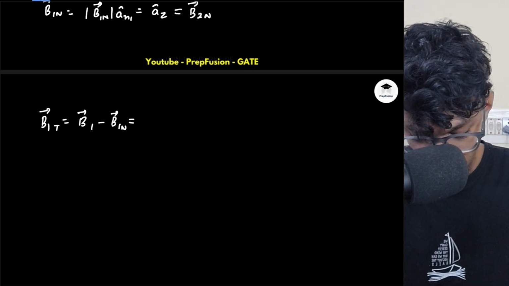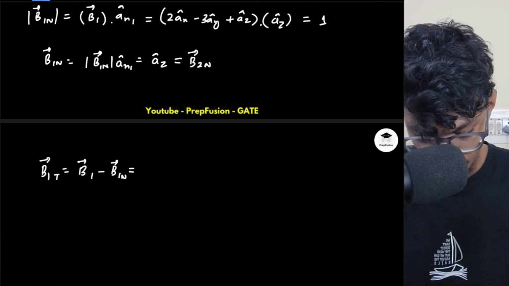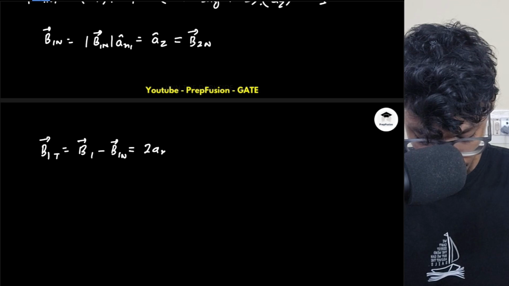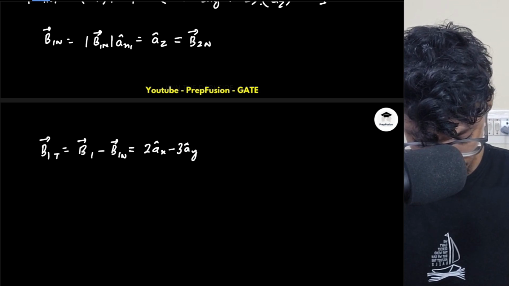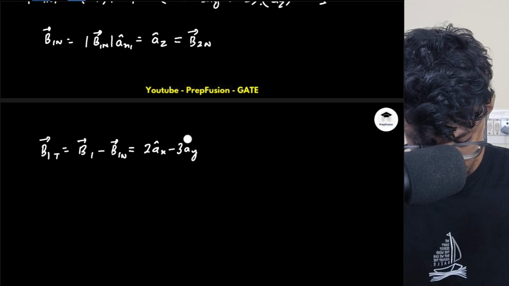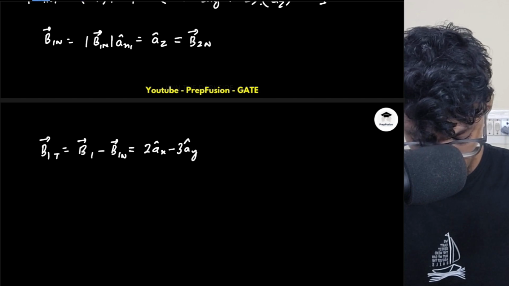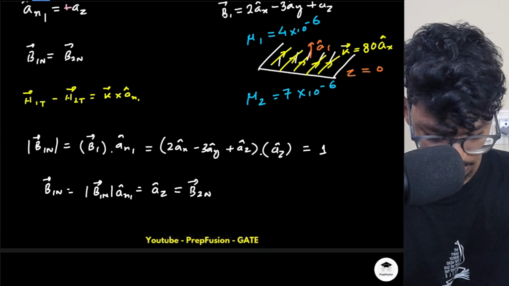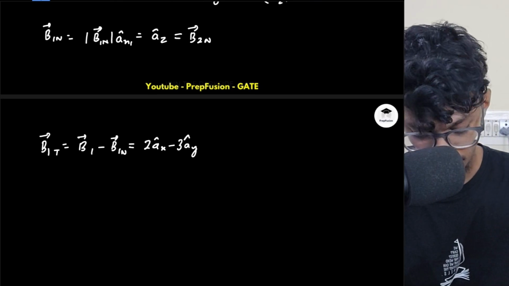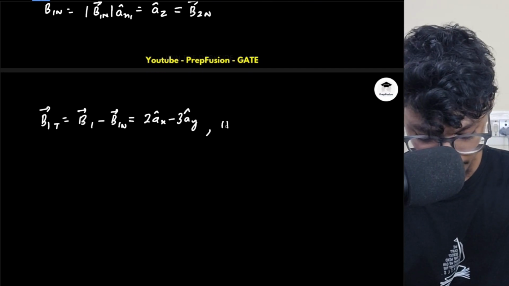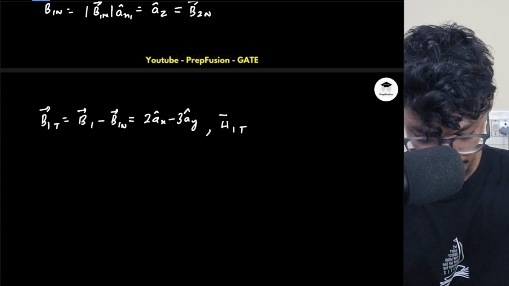So this will be simply 2ax minus 3ay. This is my normal, this is my tangential component, and from this I will write my H1t.